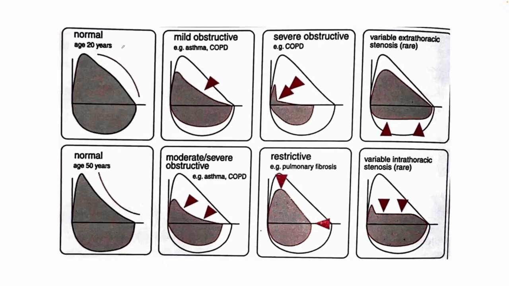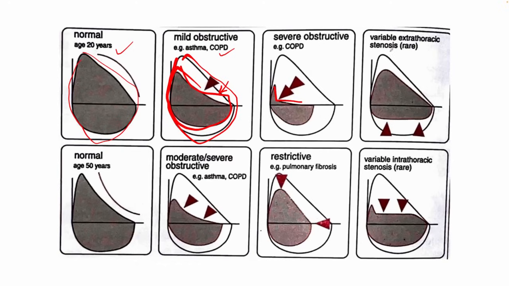And this is the test result. When there is a 20 year old, you will find the PFT like this. When there is asthma or COPD, you will find it going inward. Instead of this normal curve, in the COPD patient you will find it bulging inward. In the severe case, it will notch like this.